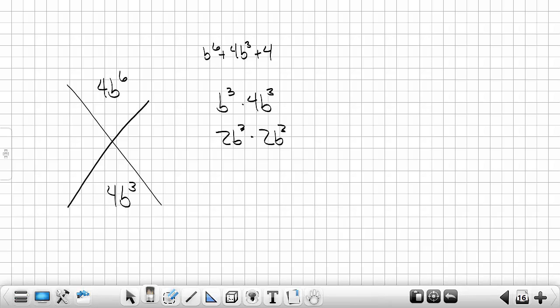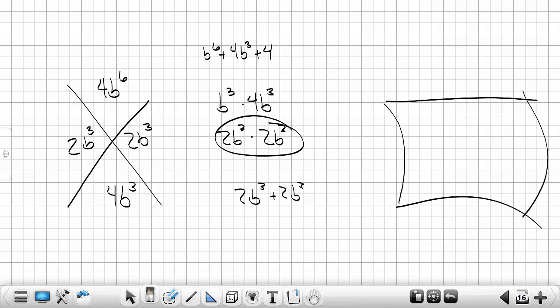Which one of these two would add to 4b cubed? The second one. 1 plus 4 or 2 plus 2. Well, the 2 plus 2. Right?